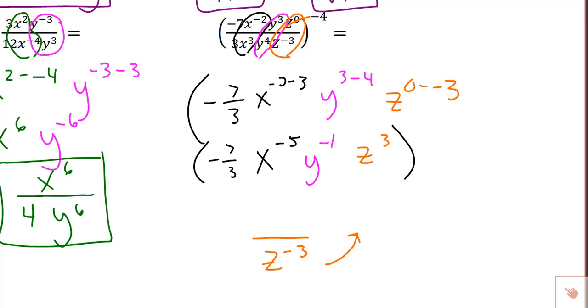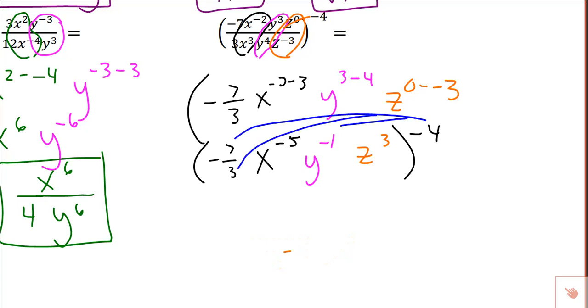All of this is closed, and we have it to the power of -4. Now I'm going to go ahead and distribute that -4. The -4 goes to the 7 and the 3, also to the x, the y, and the z. So here I'm going to end up with, and this is where you have to be careful, that negative is technically not in parentheses, so it just stays there.